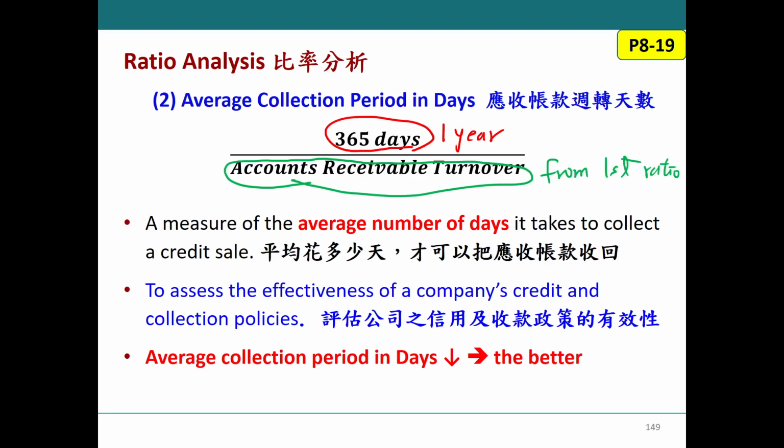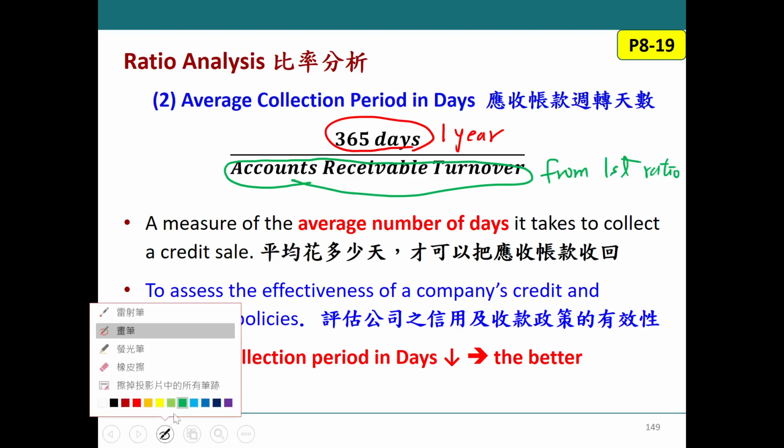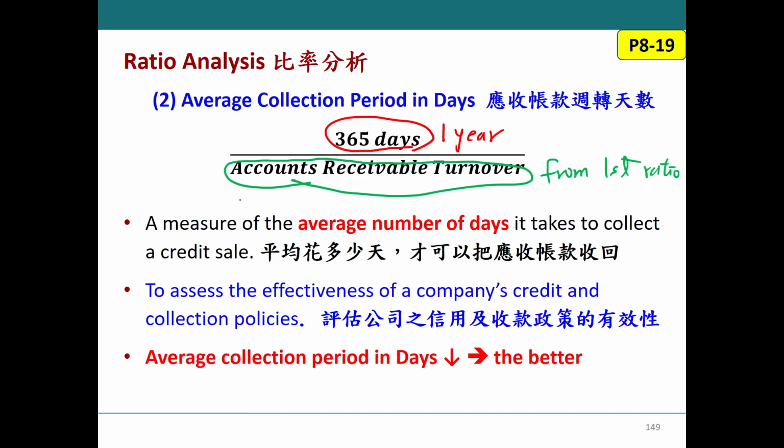After that, you will find out, every time you try to get the cash, how many days you need to spend in order to get it. So this is the average number of days to collect your accounts receivable.